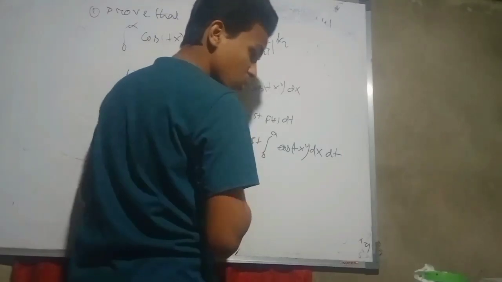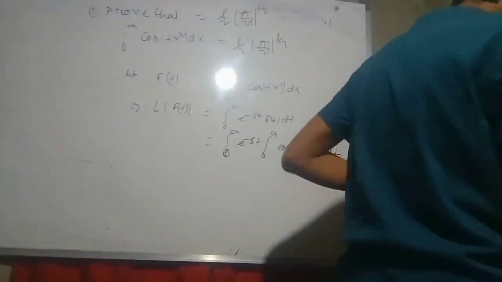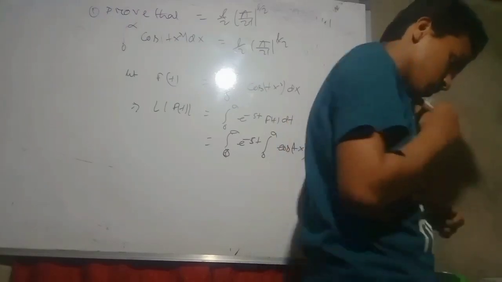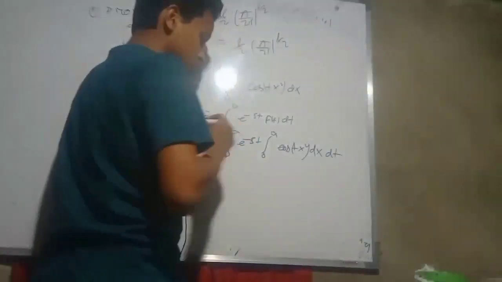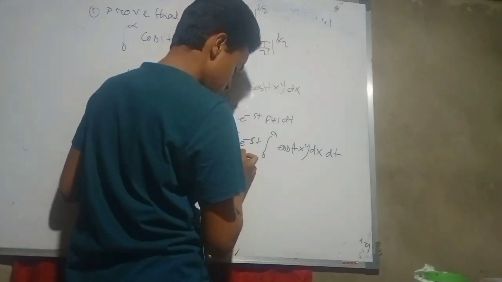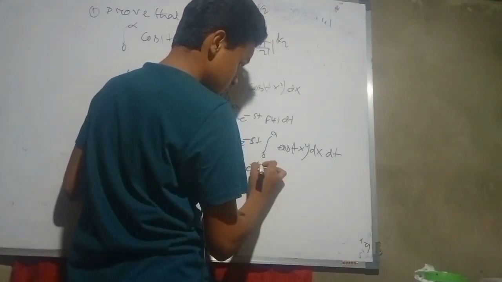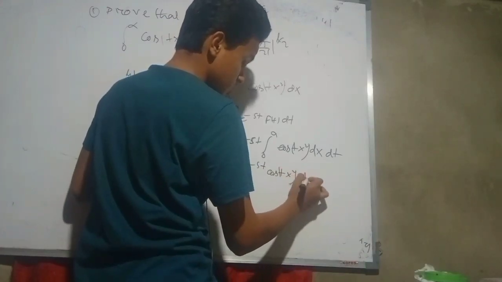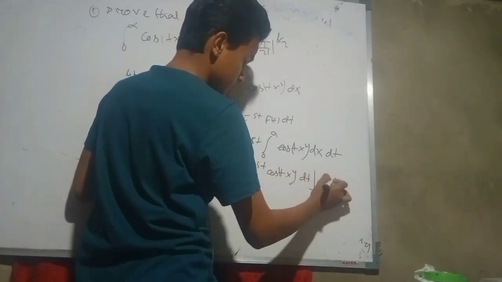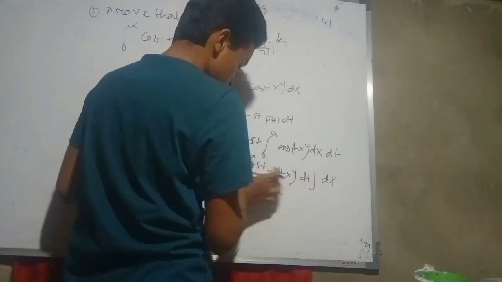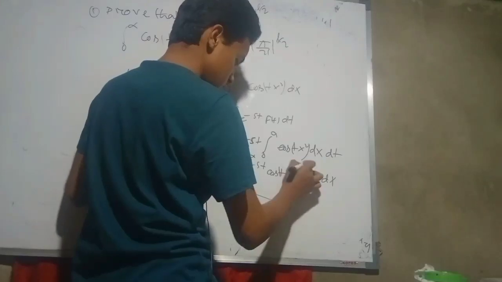Now we can change the order of integration. Changing the order, we can write the integral from 0 to infinity of e to the power minus st cos(t x square) dt, then dx.